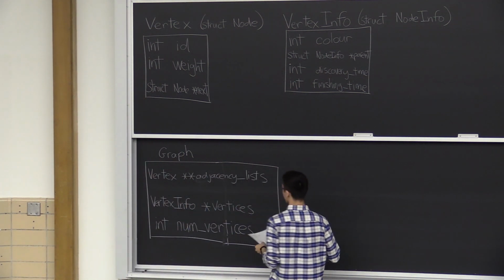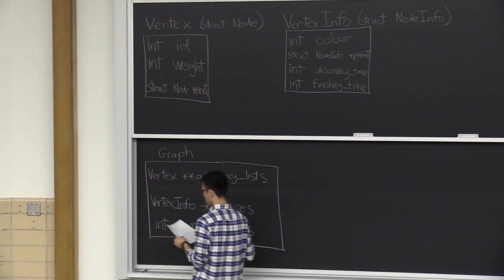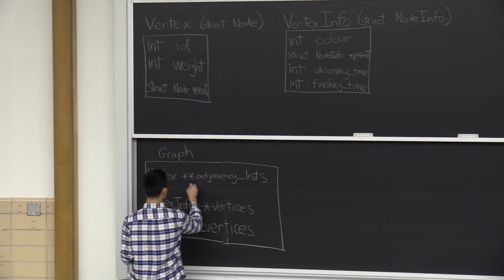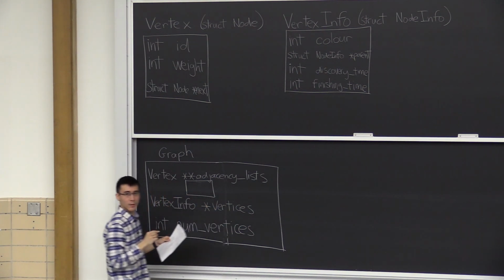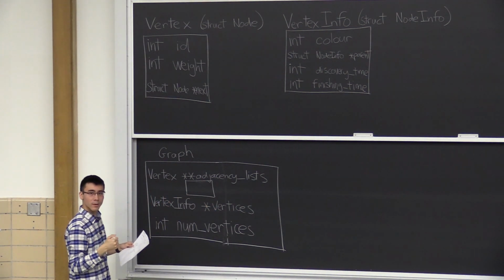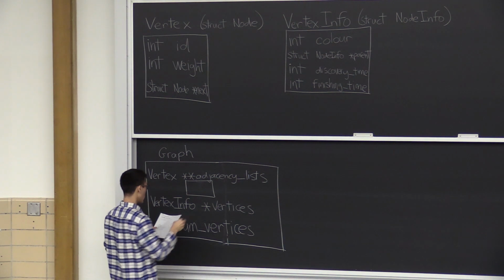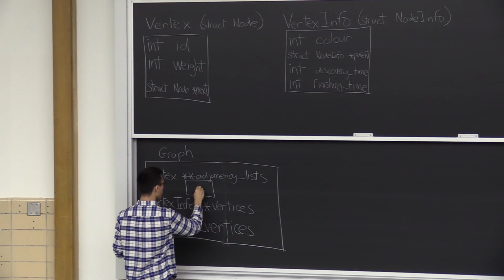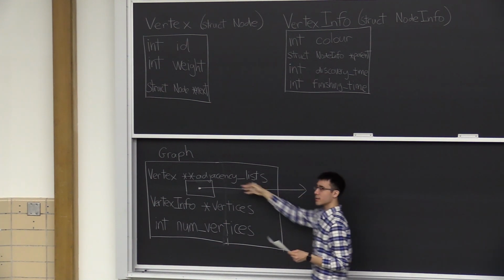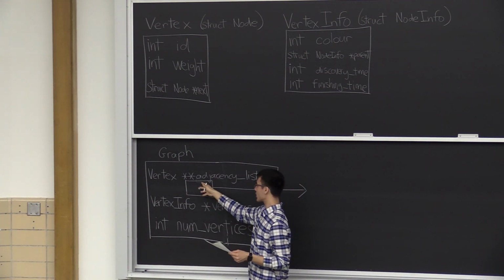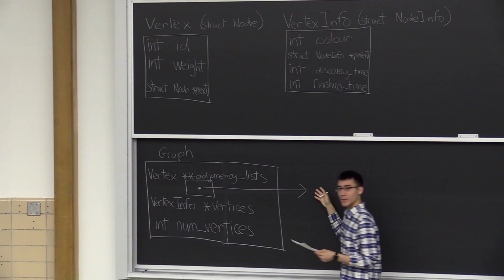So adjacency lists, let's say that adjacency lists is this variable over here, and that's a pointer to pointer to vertex. So what does it look like? Well, we can draw it out. So imagine this is in memory, and this is just going to point to another place in memory, right?